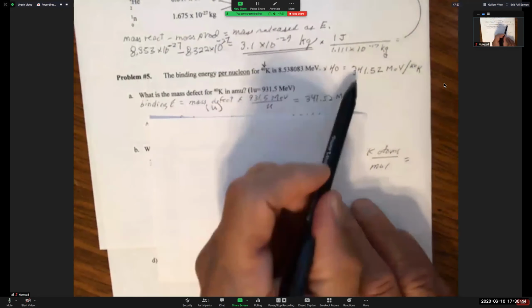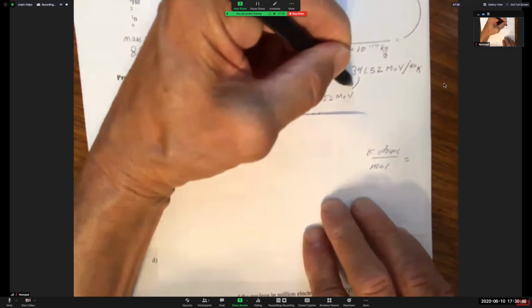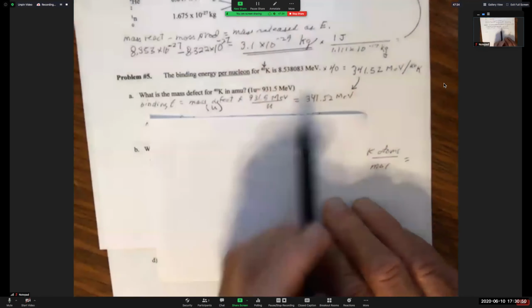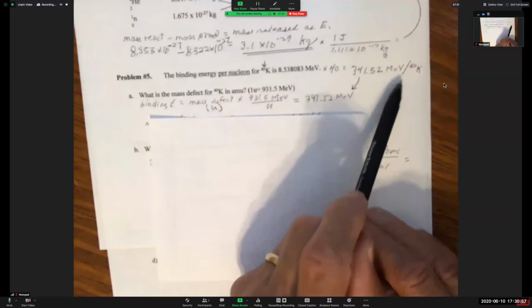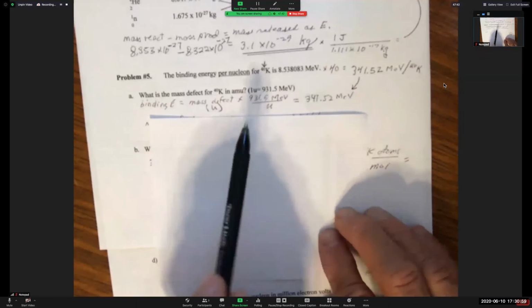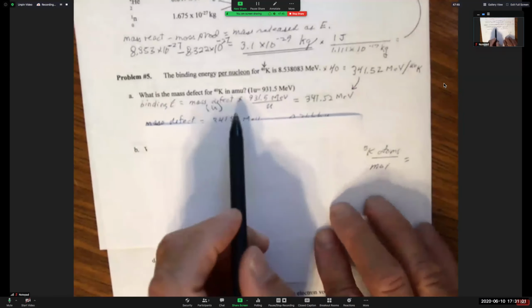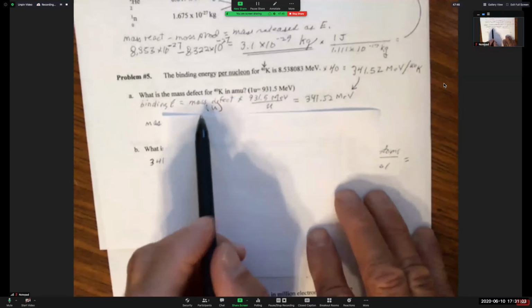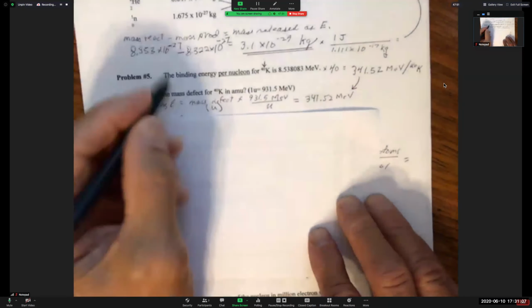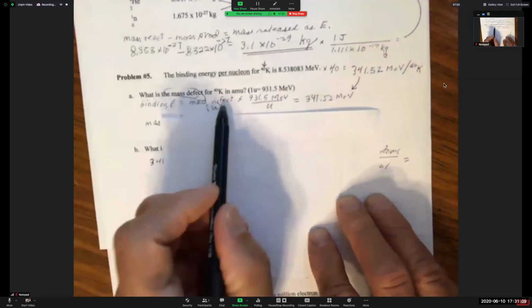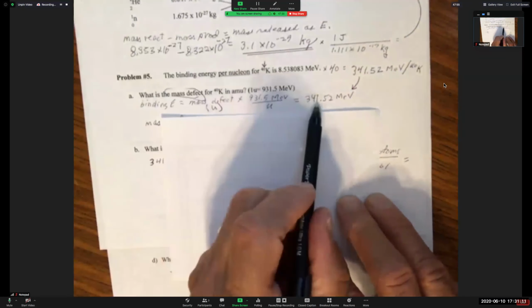Our calculation of the binding energy in the nucleus was 341.52 million electron volts per potassium-40 nucleus. So we have a simple equation where the mass defect times the conversion factor equals the binding energy.